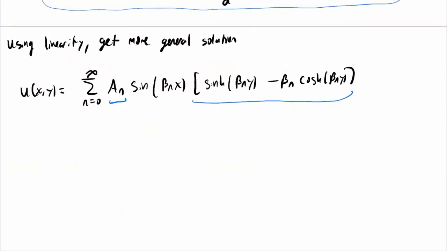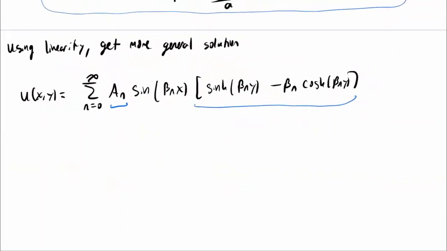Remember that y can be treated as a constant as a function of x. If you fix y and view this as a function of x, then I just have some coefficients times sine of beta_n x. And so this looks a lot like a sine Fourier series. It's not quite a sine Fourier series, but it's going to essentially reduce to that type of problem.